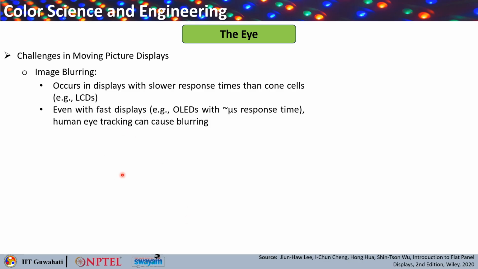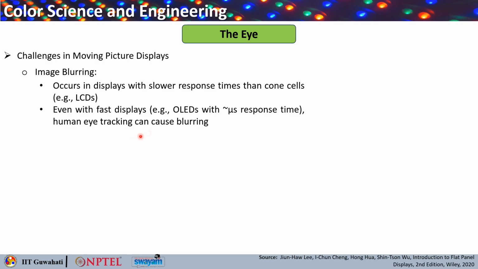Now there are some challenges in moving picture displays as well. One is image blurring. This occurs in displays with slower response times than the cone cells. The cone cells have a response time of only 15 milliseconds. If anything responds slower than that, like LCDs, you may see the image getting blurred in the transition.